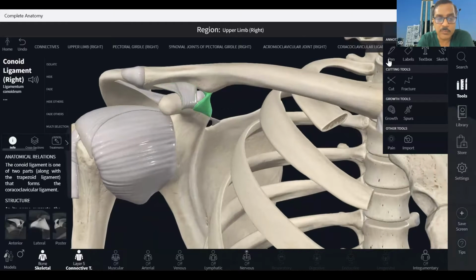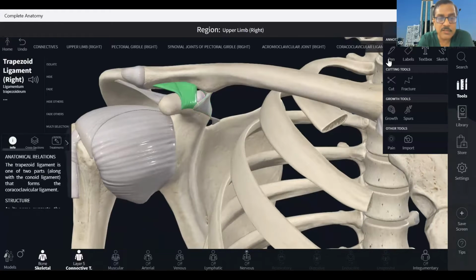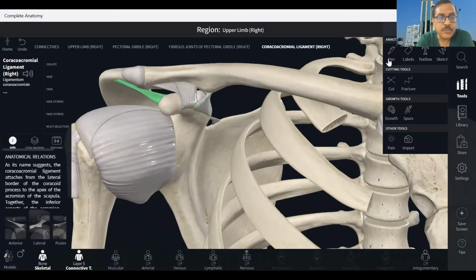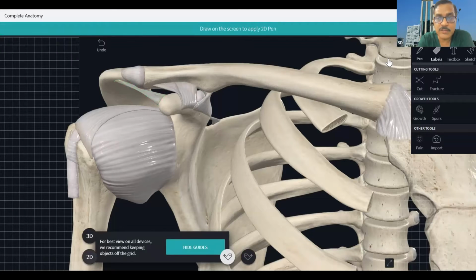So there are two parts of this coracoclavicular ligament, the trapezoid and the conoid, and this was the coracoacromial ligament. All these ligaments can be seen very nicely. And one vessel goes like this. We'll be showing that, one vessel will go like this.